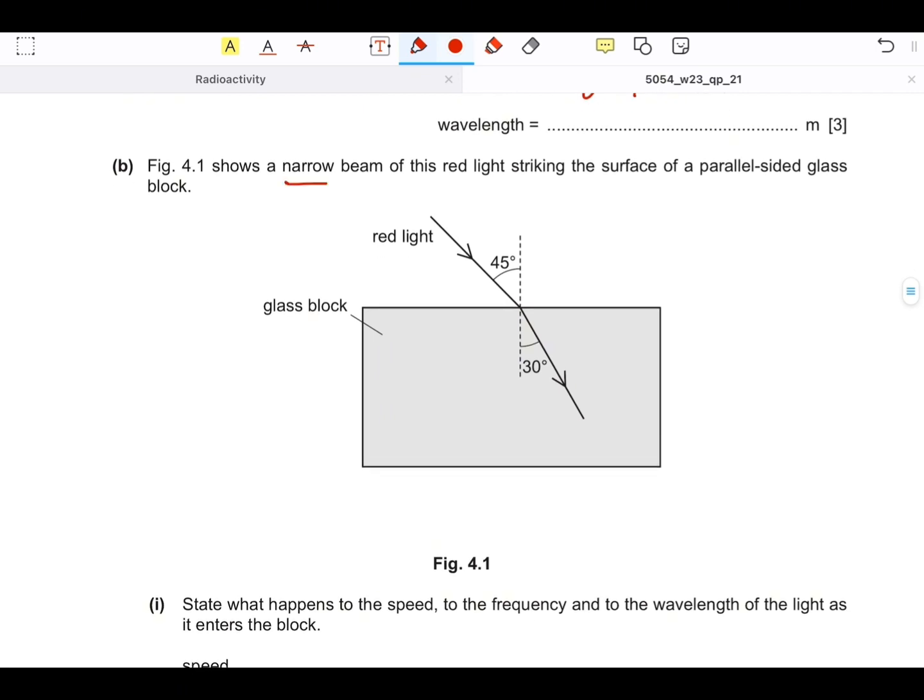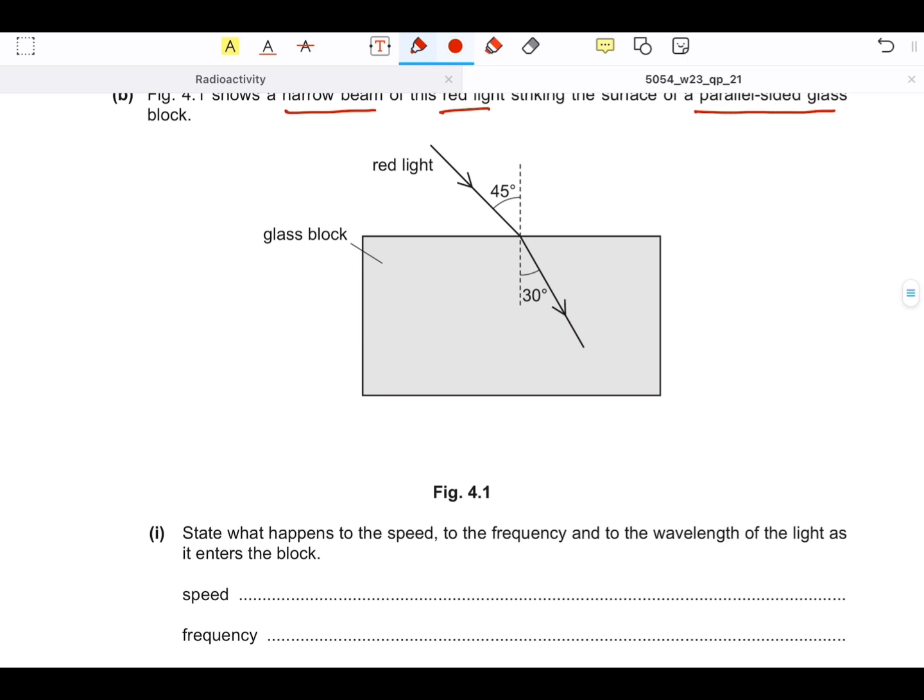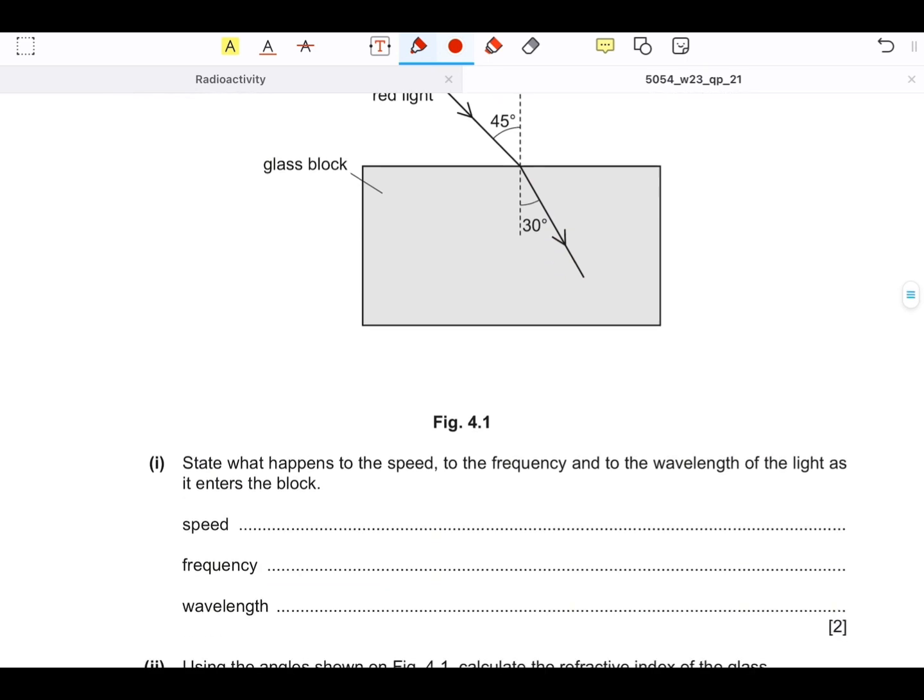Okay, it shows a narrow beam of red light striking the surface of a parallel sided glass block, rectangular glass block, as we can see. So what happens to the speed, to the frequency, and to the wavelength of the light? So speed decreases, light going from a lighter to a denser medium, that's why.